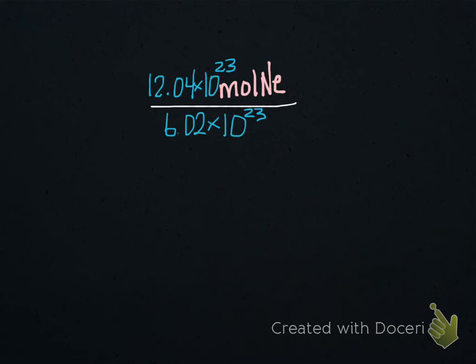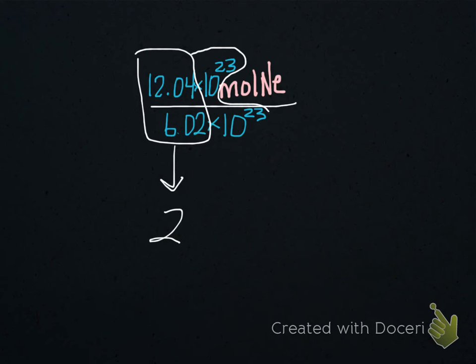Okay, so to do the math for this question, what we need to do is first divide the beginning part. 12.04 divided by 6.02. That's 2. Then we subtract the second part.